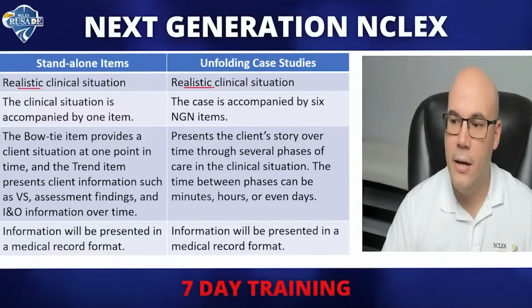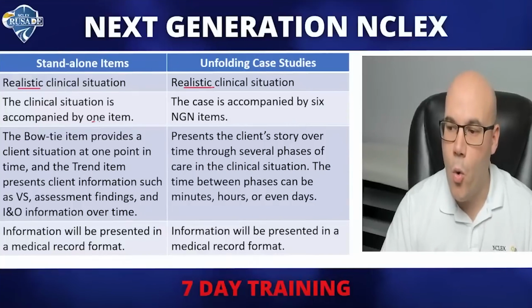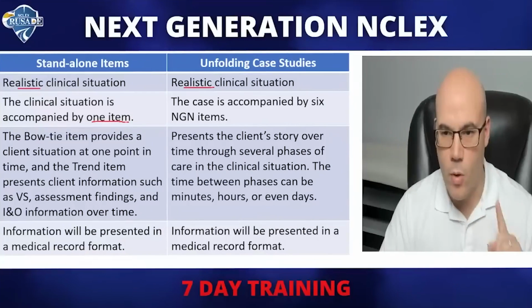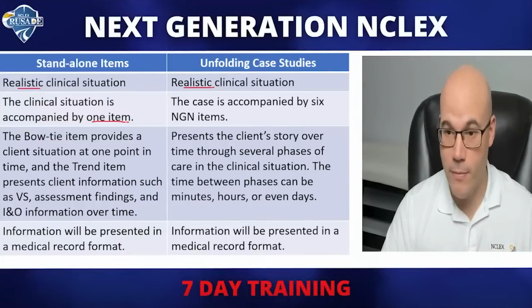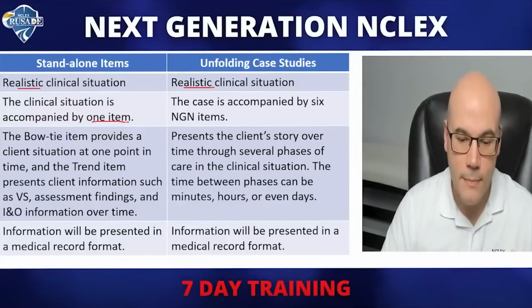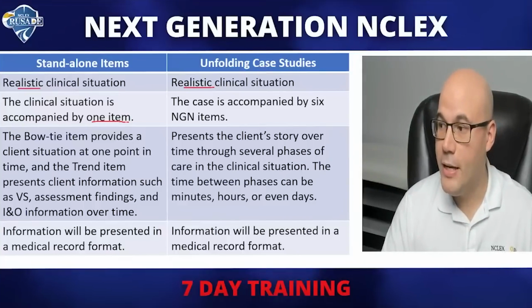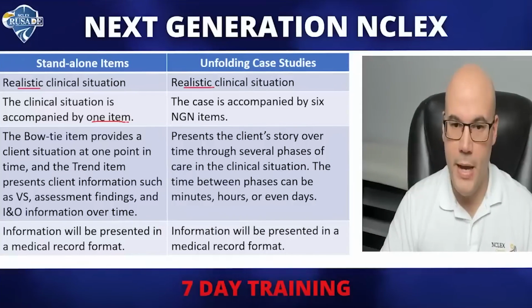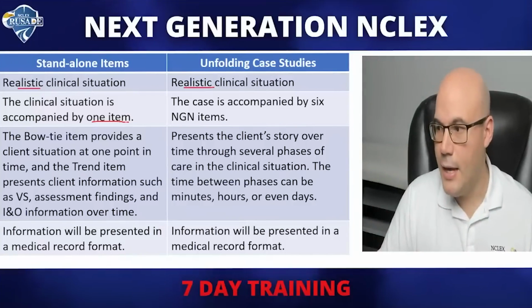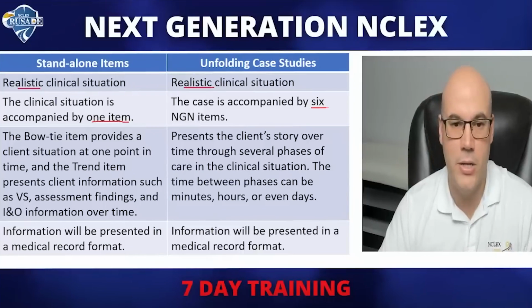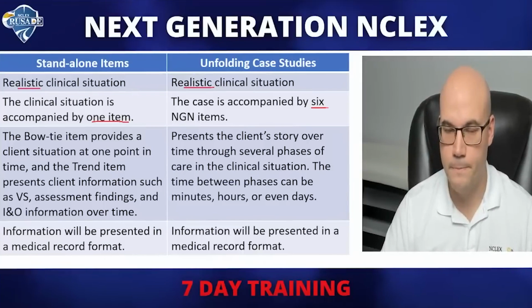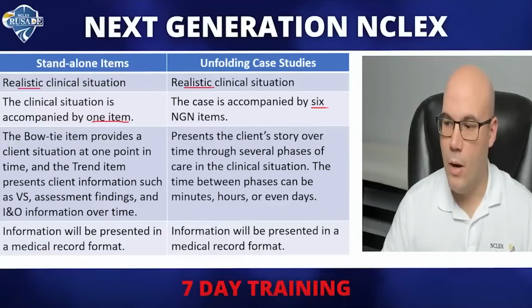The standalone item gives you a clinical situation for one specific question. In other words, they will give you a lot of information for one question. In unfolding case studies, there will be an unfolding case, and you will see 6 Next Generation item questions. Why is this important?